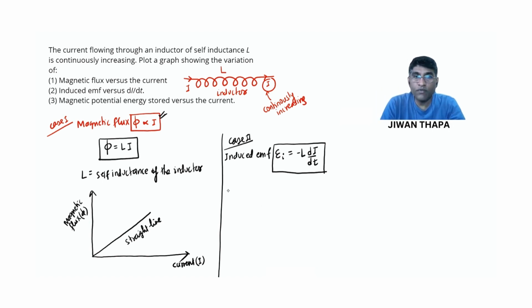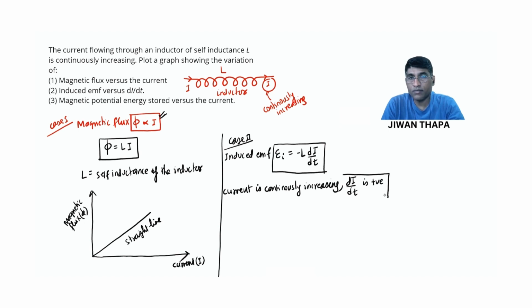Now from the question, the current is continuously increasing. So for continuously increasing current, di by dt is positive.